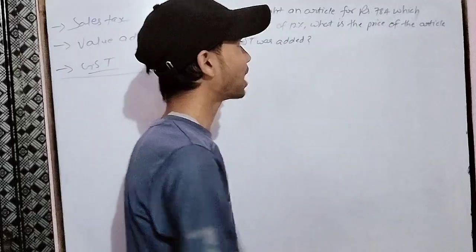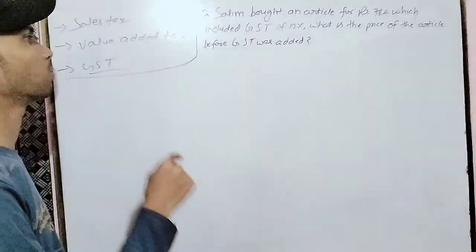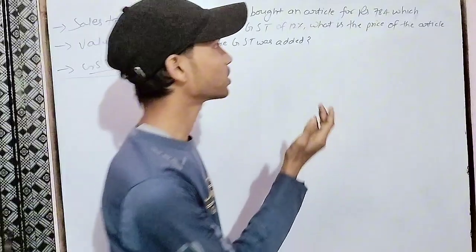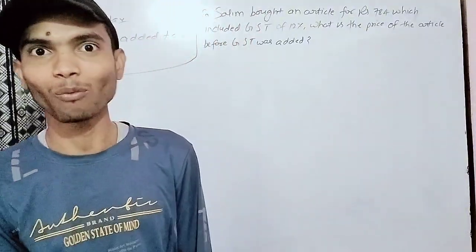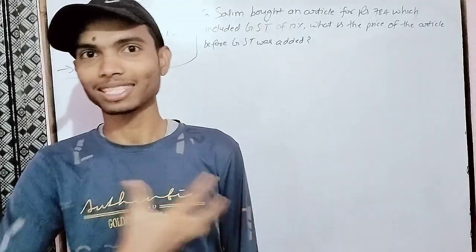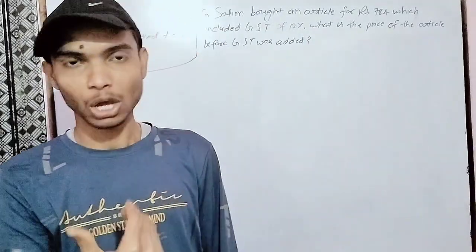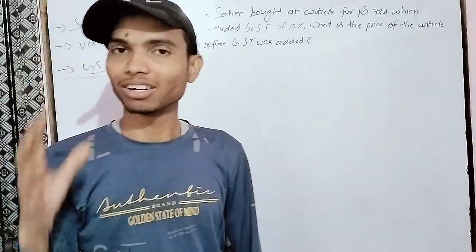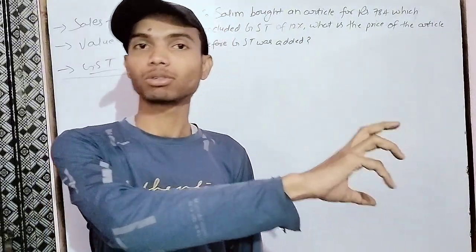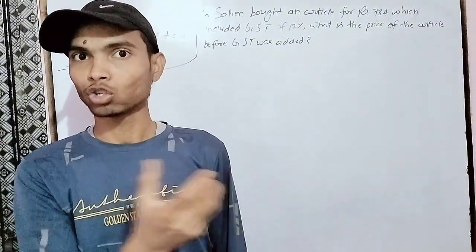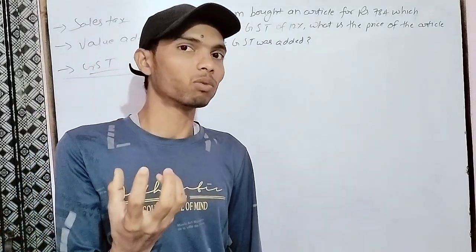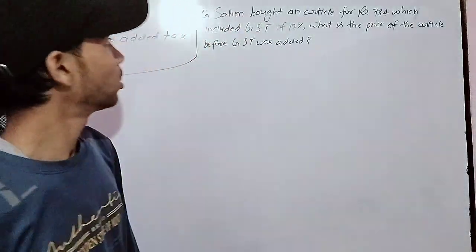What is the price of the article before GST was added? So we will reduce GST from 784. Then we will have what? Sale price. Then we will have sale price, not sale taxes. This is already sale taxes. When we reduce GST from sale taxes, then we will have the sale price.